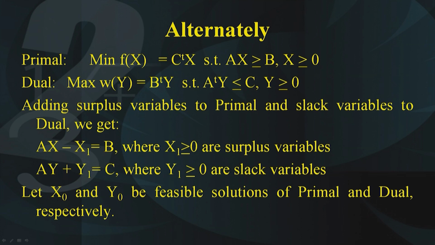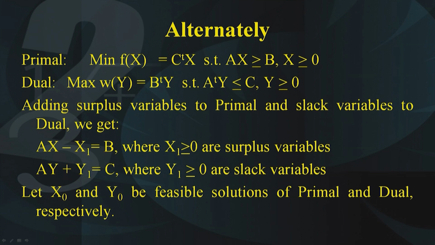Now, adding surplus variables to the primal and slack variables to the dual, we get A x − x1 = b, where of course x1 ≥ 0 are the surplus variables, and similarly A y + y1 = c, where y1 ≥ 0 are the slack variables.